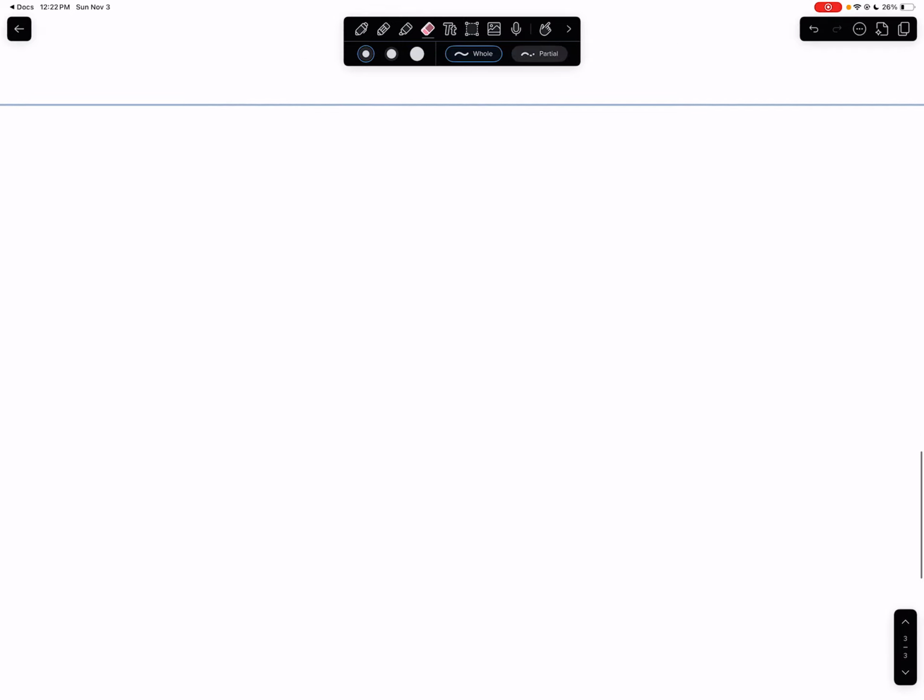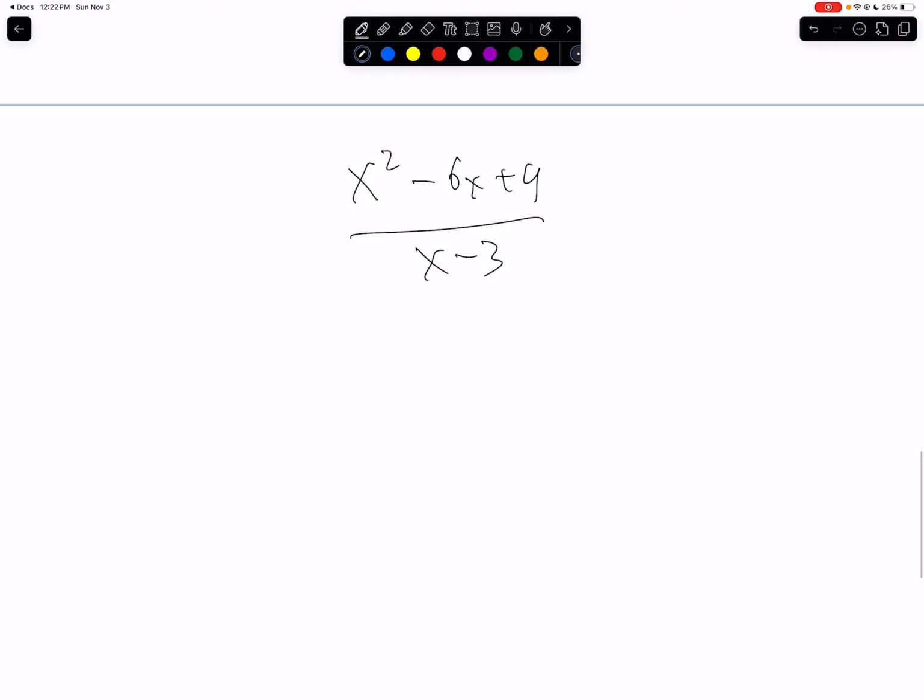Another example, you have x squared minus 6x plus 9 over x minus 3. You cannot immediately set the denominator equal to 0 unless you first check that the numerator is factorable. Do any of the factors cancel with the denominator? In this case, this would be x minus 3 the whole squared over x minus 3.